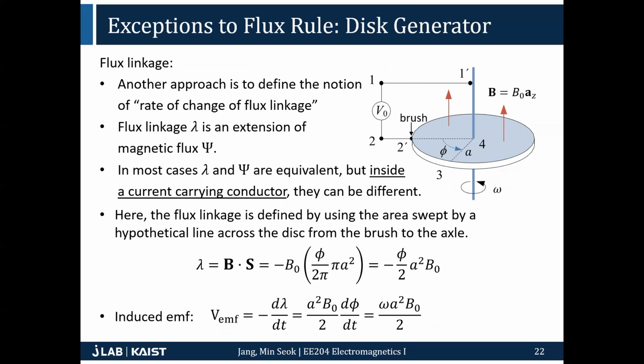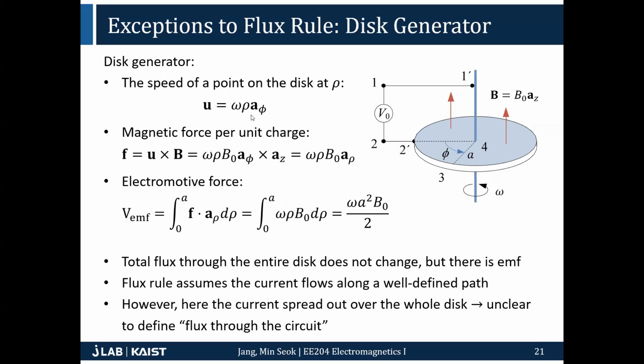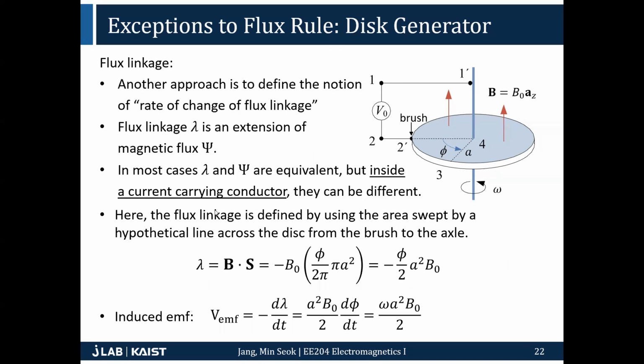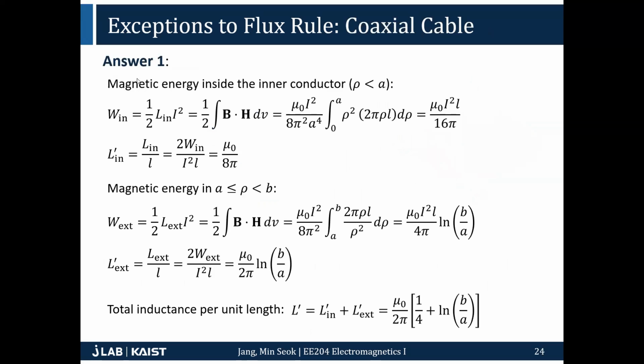So if possible, I always recommend you go back to first principles: calculate the magnetic force, the microscopic force, and then integrate. This is clear, right? There's no way that this is wrong. And here too, the relation between energy and the inductance is also clear, so there's no ambiguity.